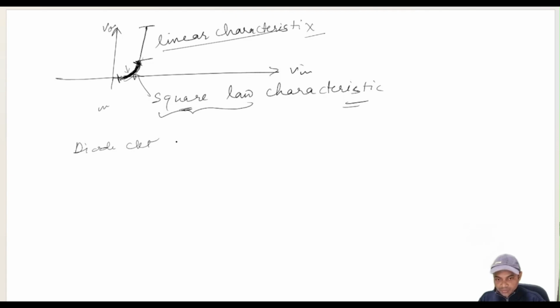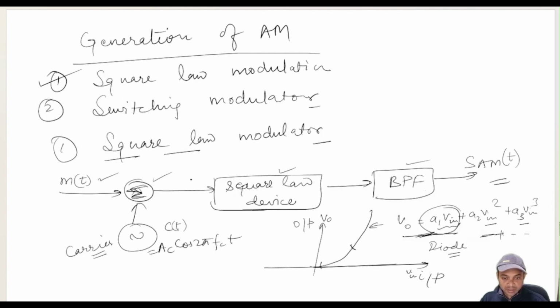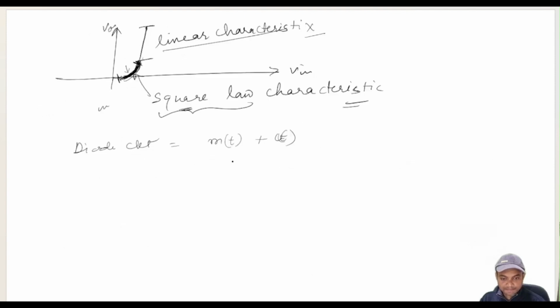The input here is m(t) plus c(t). Then our output will be V_out equal to A1 V_in plus A2 V_in squared plus A3 V_in cubed, and so on.